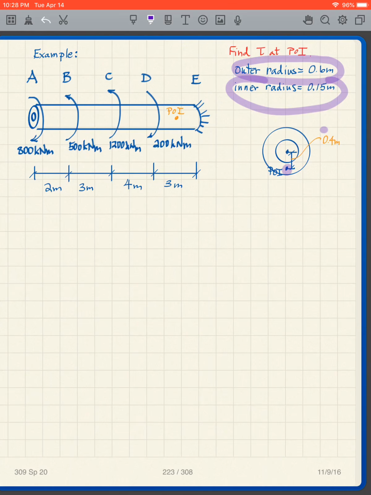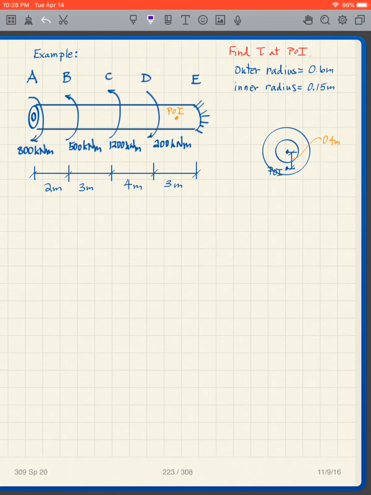My point of interest, notice, is 0.4 meters away from the center in the cross section, and it's in this region between D and E. So what you need to do is pause the video here and work this problem as well as you can.